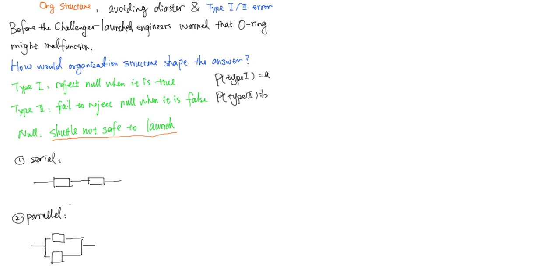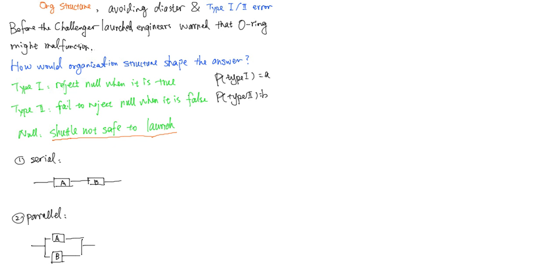The serial structure means that both units have to approve the command before the decision will go through, and a parallel structure means only one unit needs to approve the plan. Now let's consider the actual probability of type 1 and type 2 error in both cases.